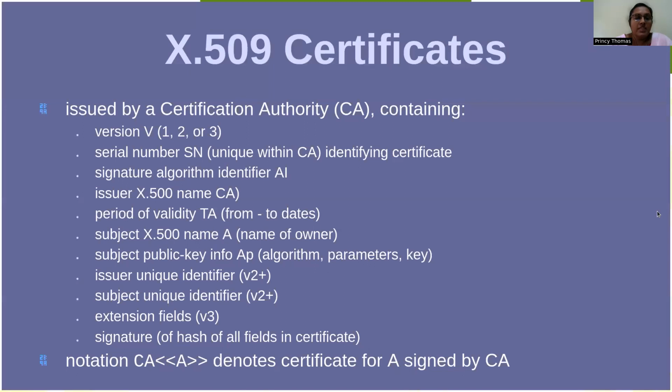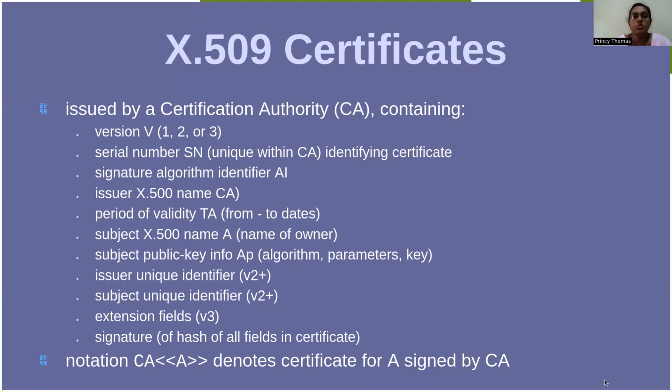And there is a signature, the hash of all the fields in the certificate. So the whole certificate is hashed and then signed. We saw that earlier. The notation C<<A>> denotes the certificate for A signed by CA. So this is X.509 in general.